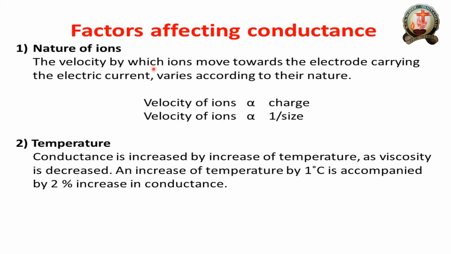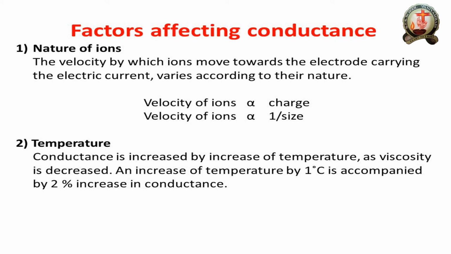The velocity with which ions move towards the electrode carrying the electrical current varies according to their nature. The velocity of the ions is directly proportional to charge and inversely proportional to size. So if the size is big, the speed will be low. Velocity is nothing but movement from one end to another end.